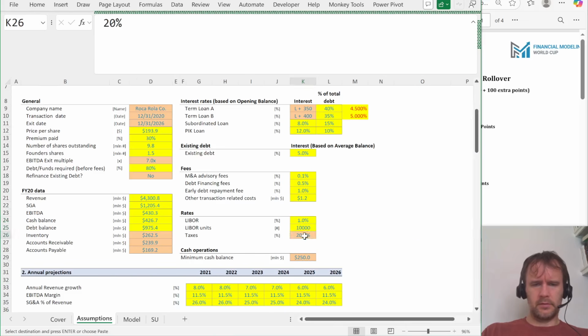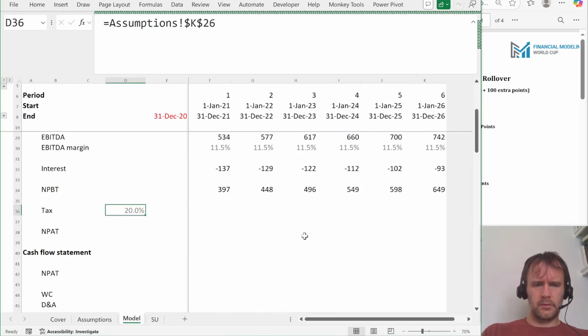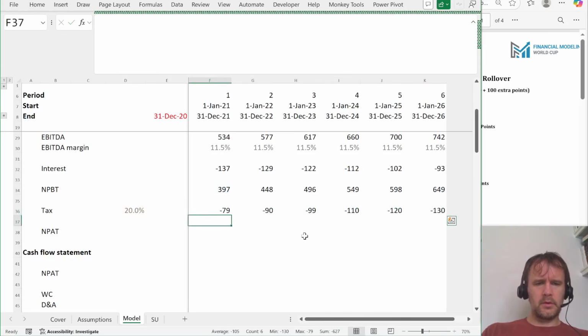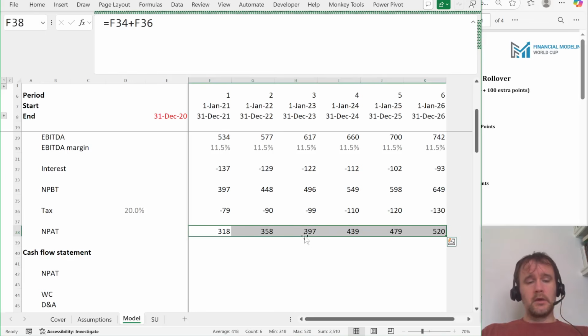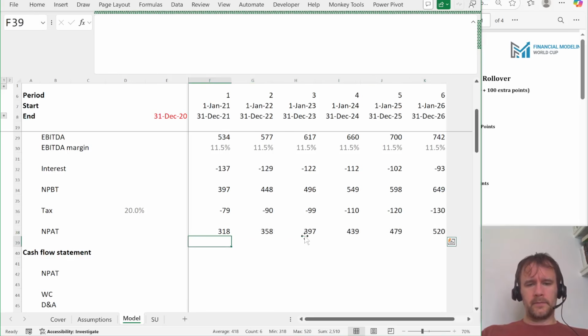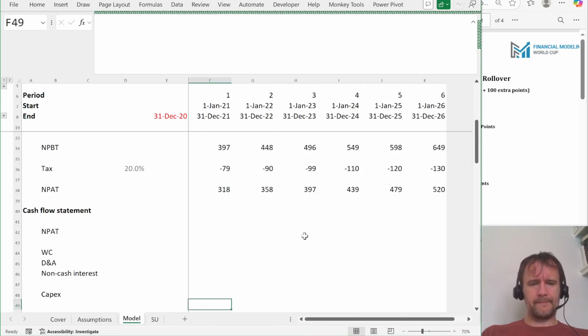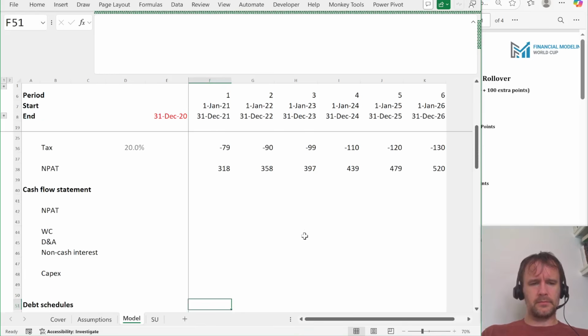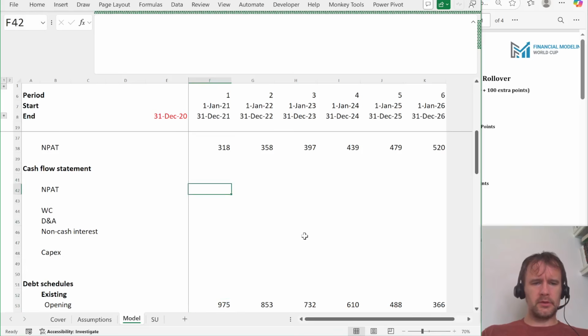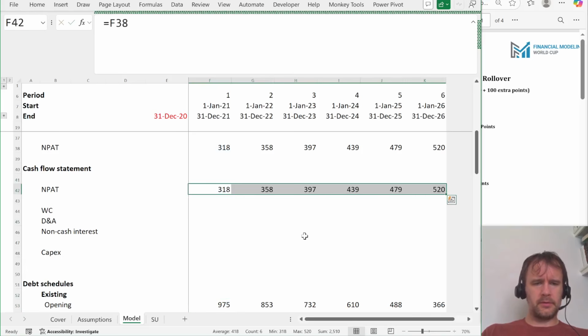Then tax. So it's going to be minus this times this. And then it's going to be this plus this. Okie dokie. So then our net profit after tax is here.